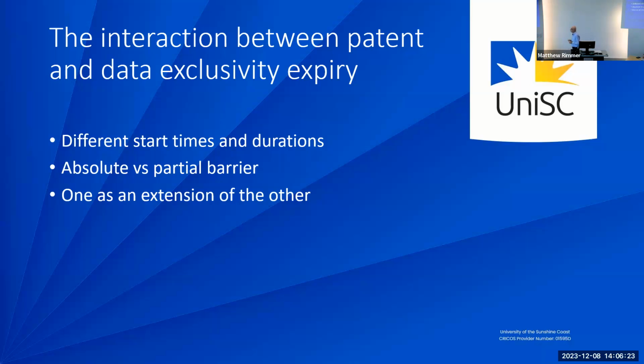Patents start from when the patent is filed for, usually very early in the development process. It lasts for 20 years. Depending on how long the pharmaceutical's in the development process, data exclusivity may extend past patents. Particularly, as I said, in these new free trade agreements, which there is some backlash against, where the EU and the US, for instance, the US has 8 years data exclusivity for biologics, 5 years for small molecules.